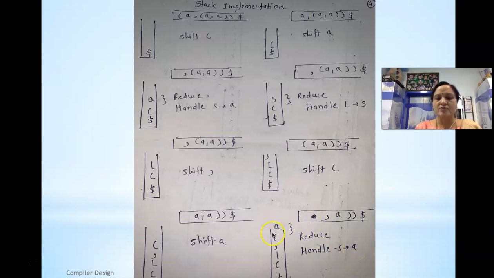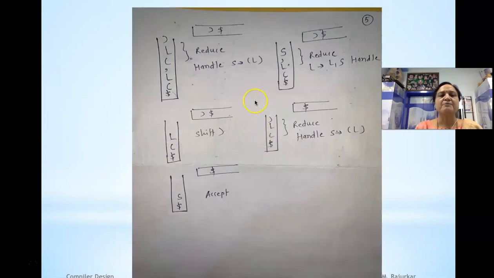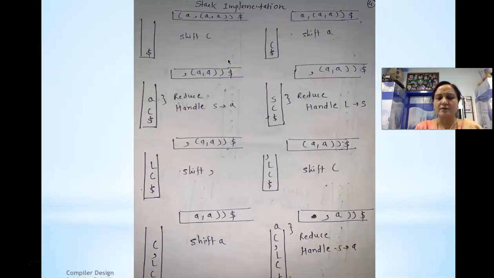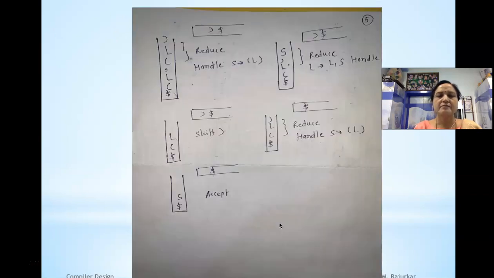So this A is reduced by S. One step is missing here. In the next step, this opening bracket is shifted here, right?